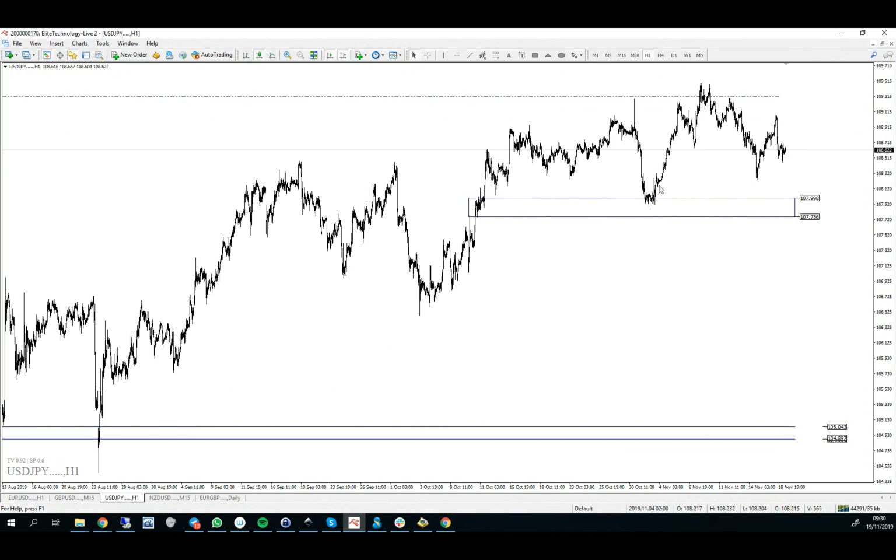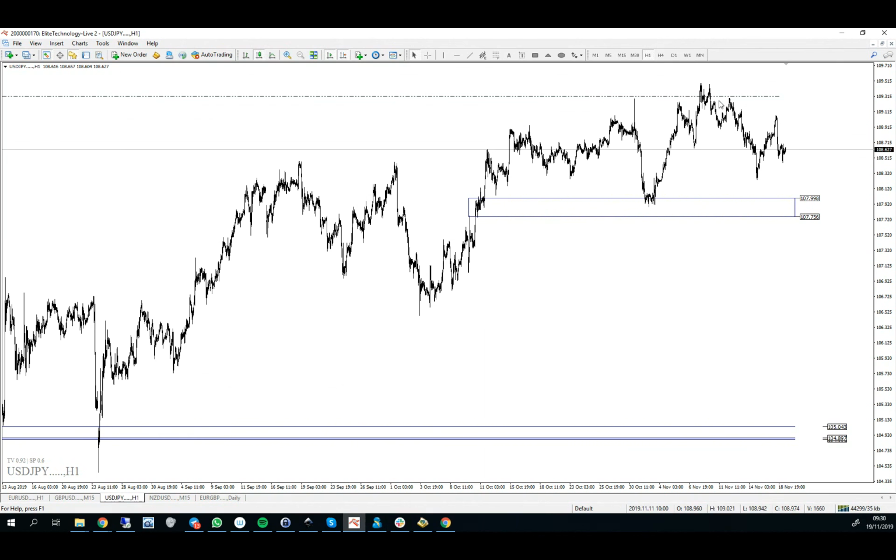So price is being blocked by demand and breaking supplies, right? So the bias on H1 is also to buy, yet we are in mid-range at the moment.